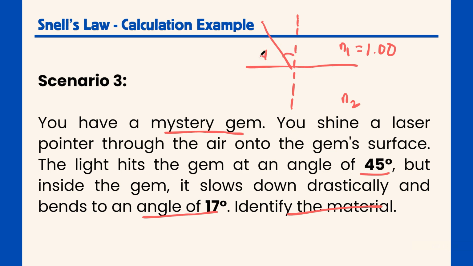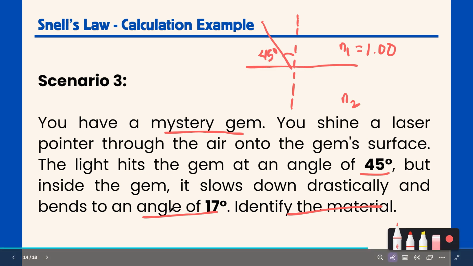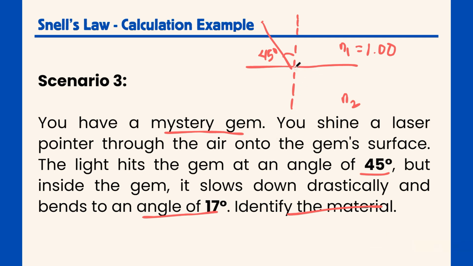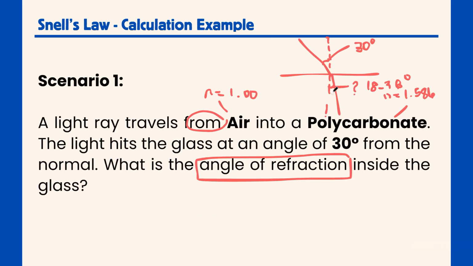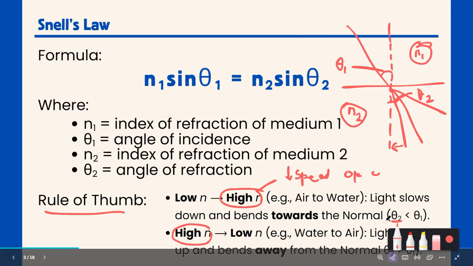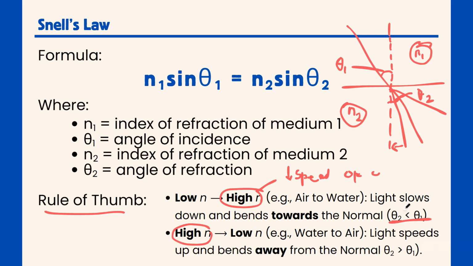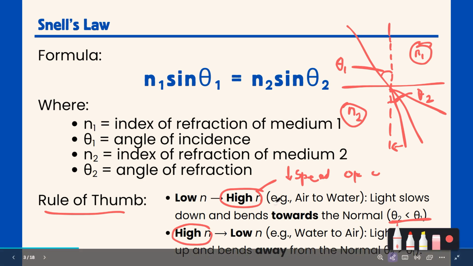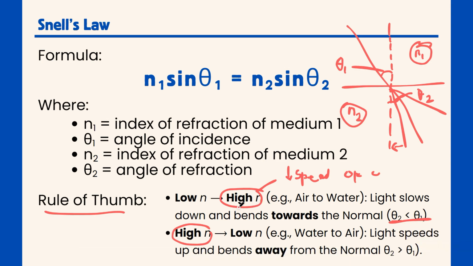Since ang ato angle of refraction is 17 degrees, mas gamay compared sa angle of incidence, we can assume nga ang ato second material has a high index of refraction.